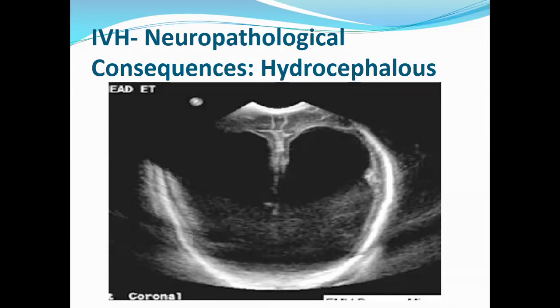You can have intraventricular hemorrhage with secondary hydrocephalus. This one will occur when the arachnoid villi are impaired because of the blood involved.